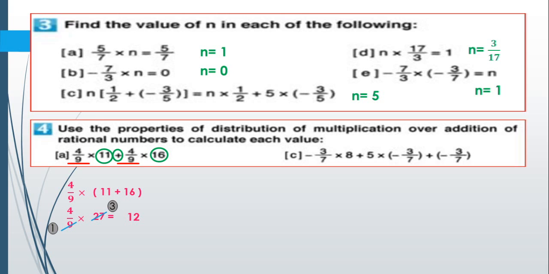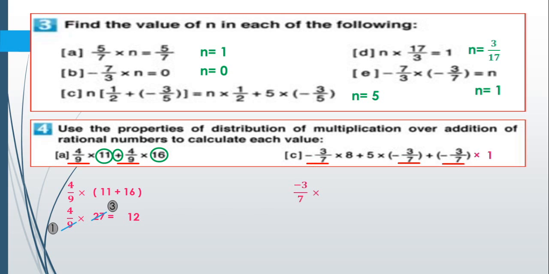In the second example, negative 3 over 7 times 8 plus 5 times negative 3 over 7 plus negative 3 over 7. You can write beside negative 3 over 7 times 1. So the common number is negative 3 over 7.